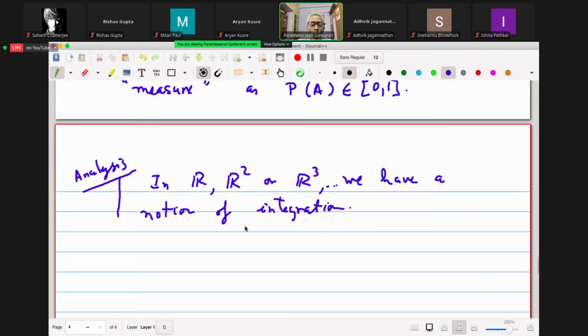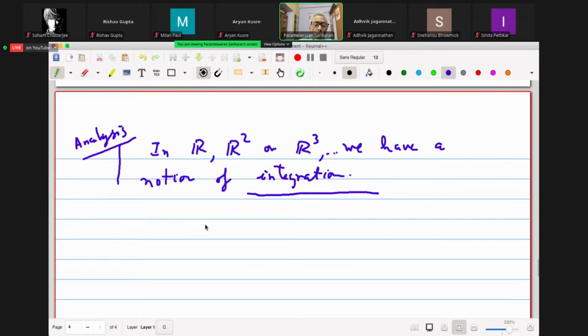First of all, while defining the notion of integration, you do it for what are called simple functions or elementary functions. So, as I said, our goal is we want to integrate random variables X. Okay.